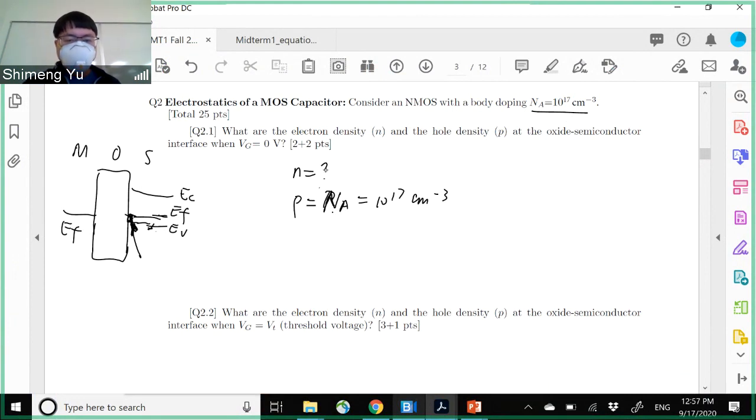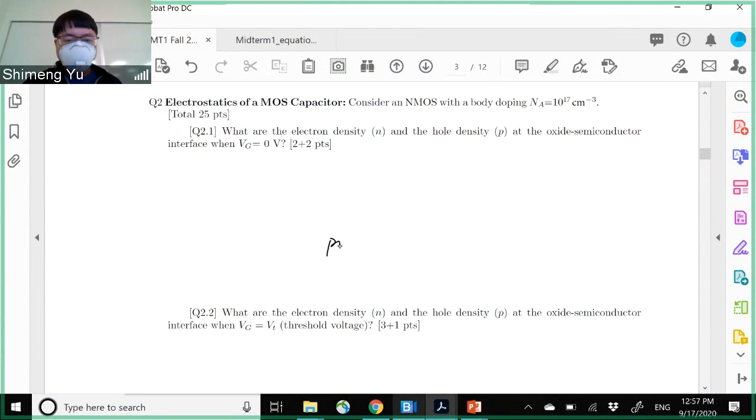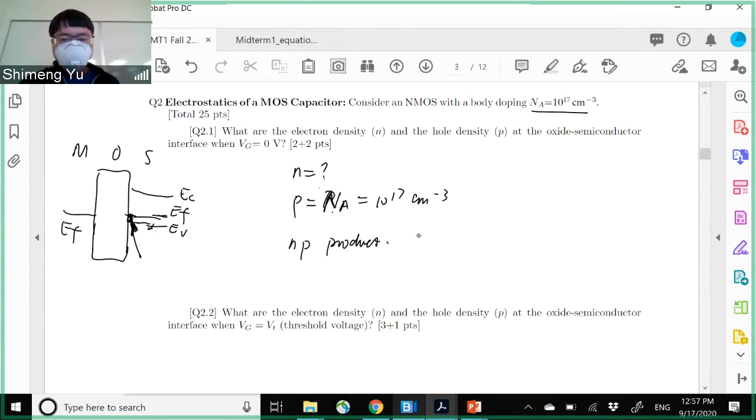And then N, we can always use this NP product. Ni squared, that is intrinsic carrier density, equals NP, right? This is always true. So then N will be Ni squared divided by P. And in this class, we assume Ni is 10 to the power 10.